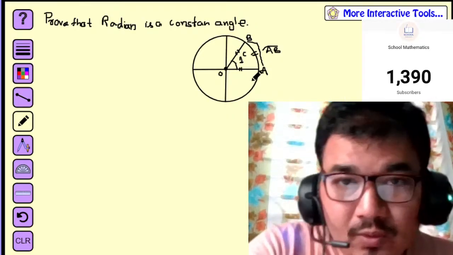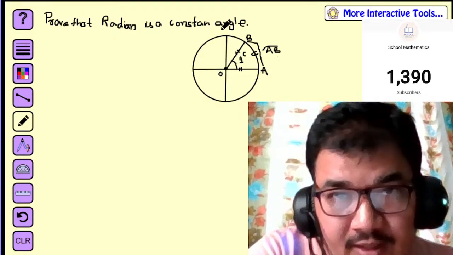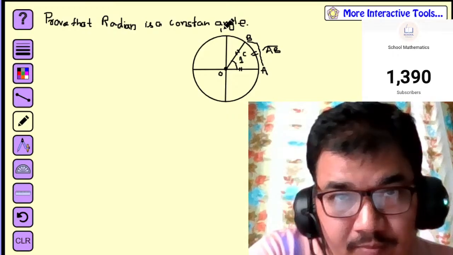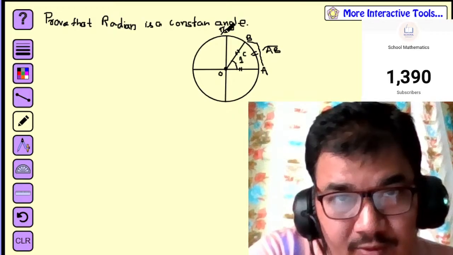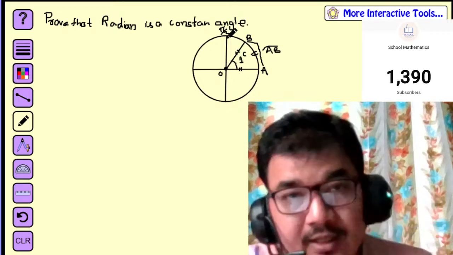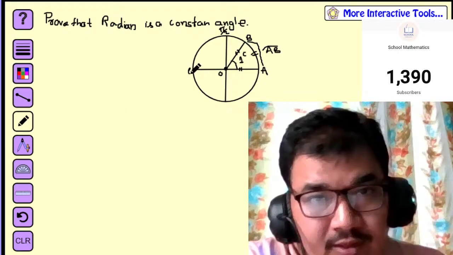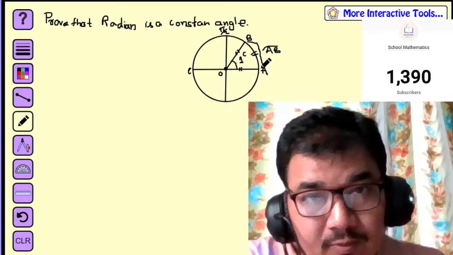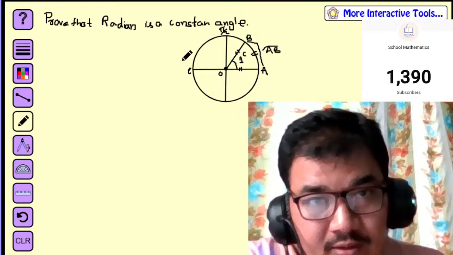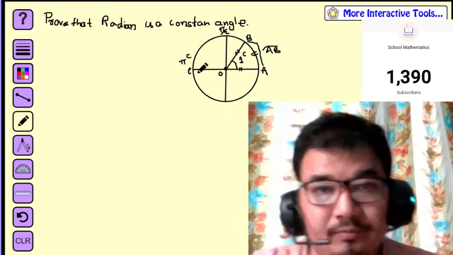And we know this is 0 degree here, and here will be 90 degree. This 90 degree means pi by 2. Then suppose this is point C. From A to C there will be 180 degree, that's why it is known as pi radian.